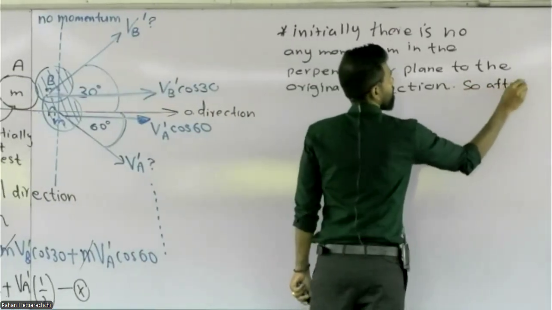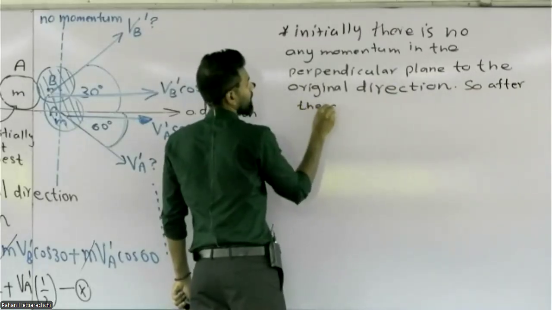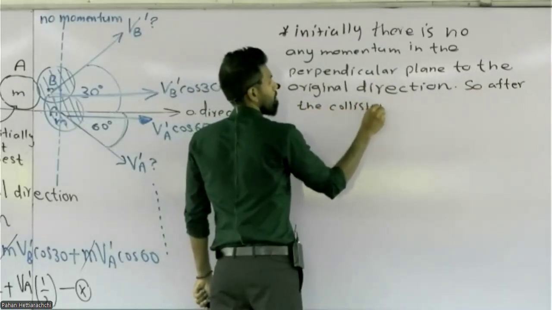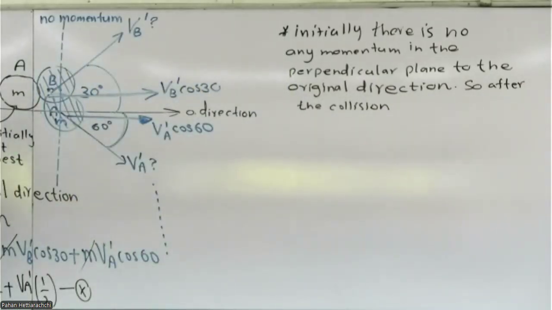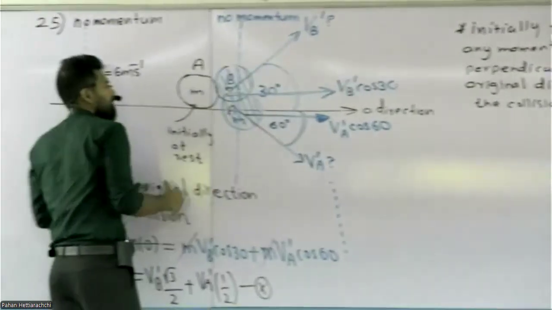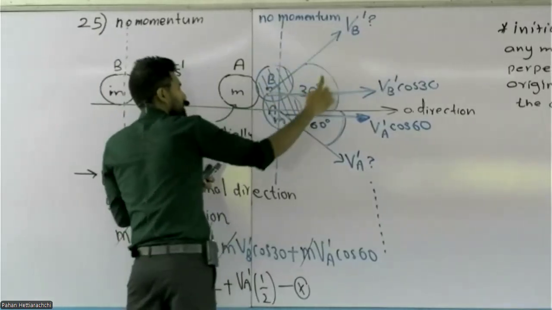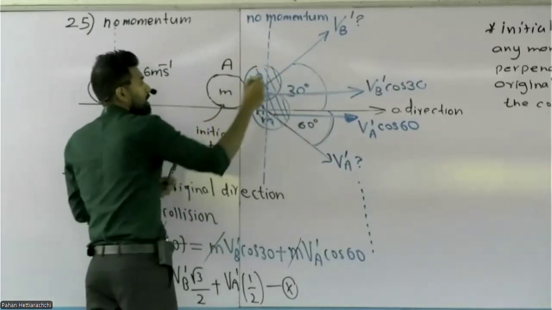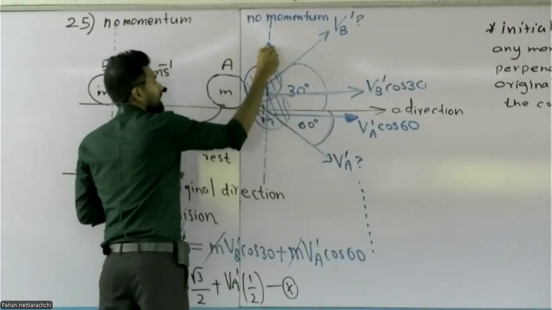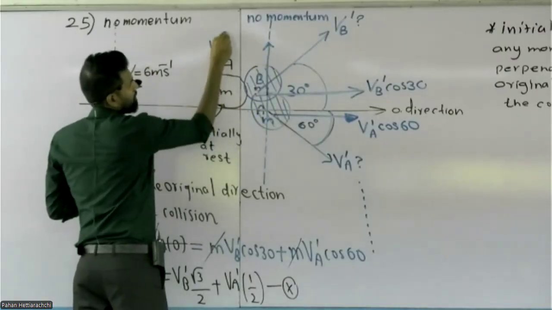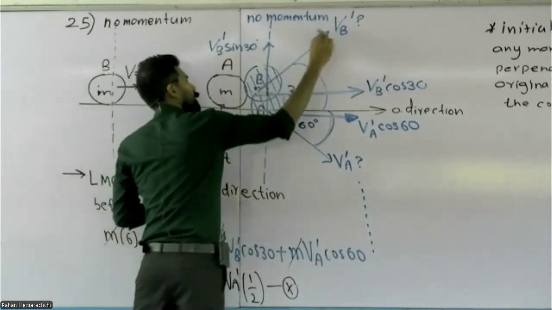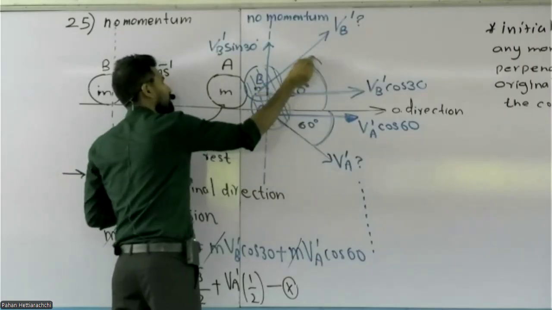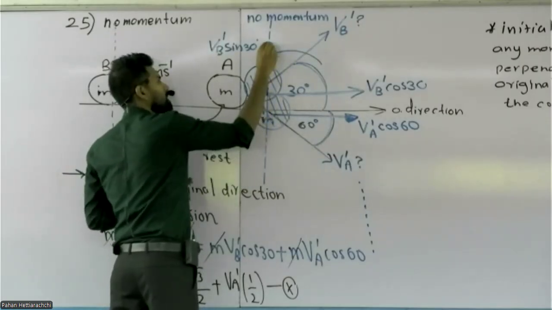After the collision, what happens? After the collision, there are momentums in the perpendicular plane. Why? If this is VB dash and the angle here is 30, there's a vector component to the perpendicular direction, VB dash sine 30.